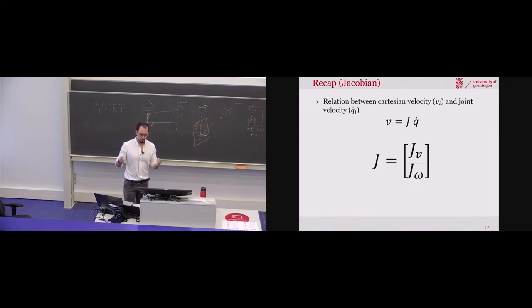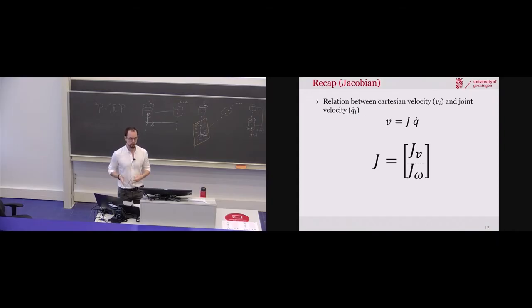So to understand this relation, that is very important, as I told you, there is this concept of Jacobian. The Jacobian is split in two parts. There is the Jacobian associated to the linear velocity and the Jacobian associated to the angular velocity. And they are basically stacked one on top of the other.